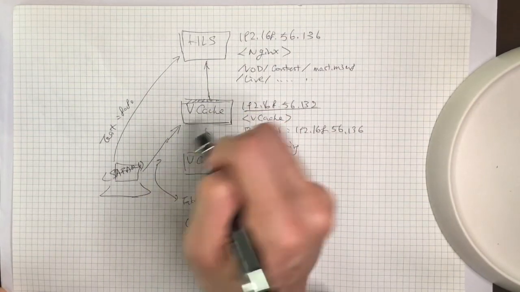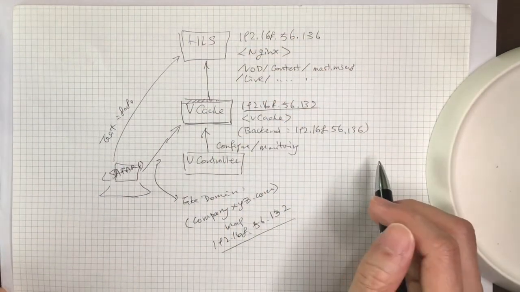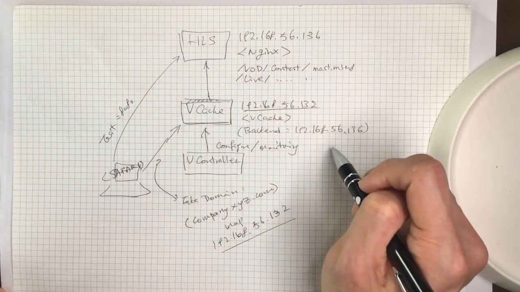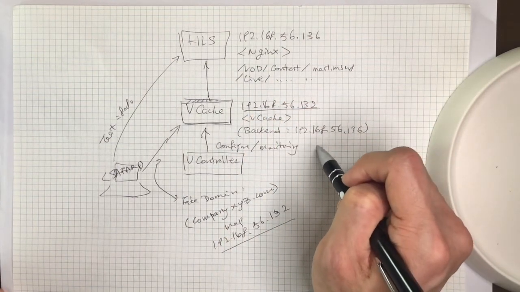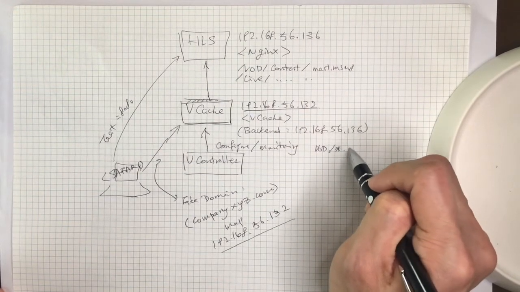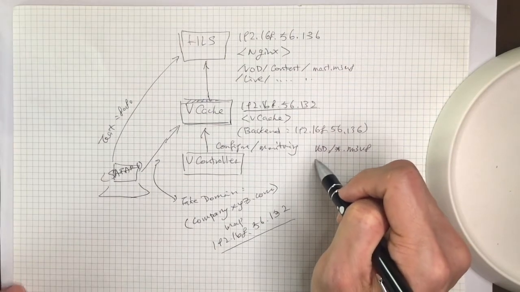And the flow is: one, the laptop requests the content from the cache. It will look up the IP address and then it will fetch the content from the origin. In the V-cache, we also set up extra parameters to control the object lifetime.